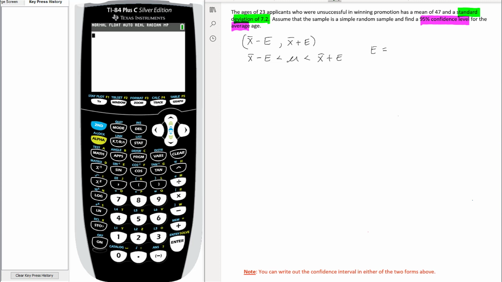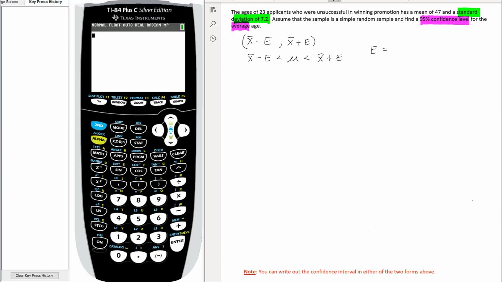So this standard deviation is not population standard deviation, and the problem also doesn't say "from previous studies, the standard deviation is 7.2." This implies that this standard deviation is based on sample information.